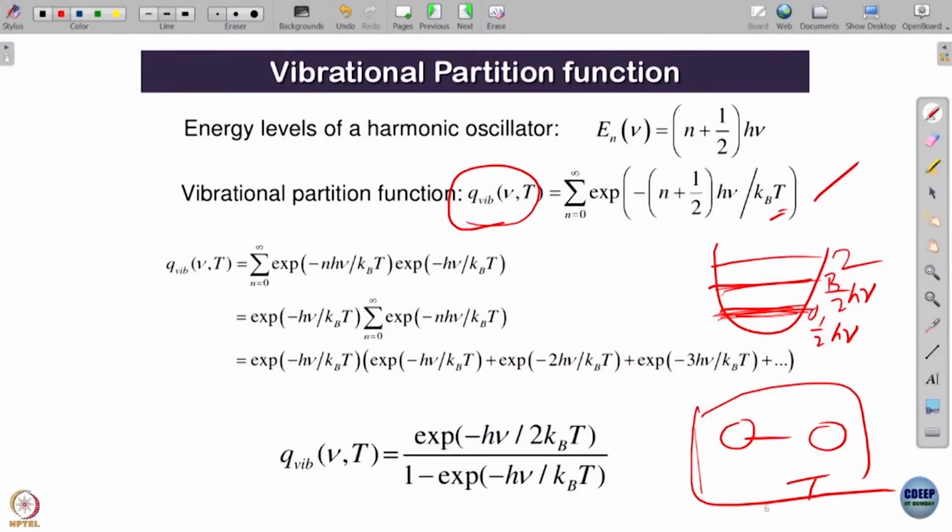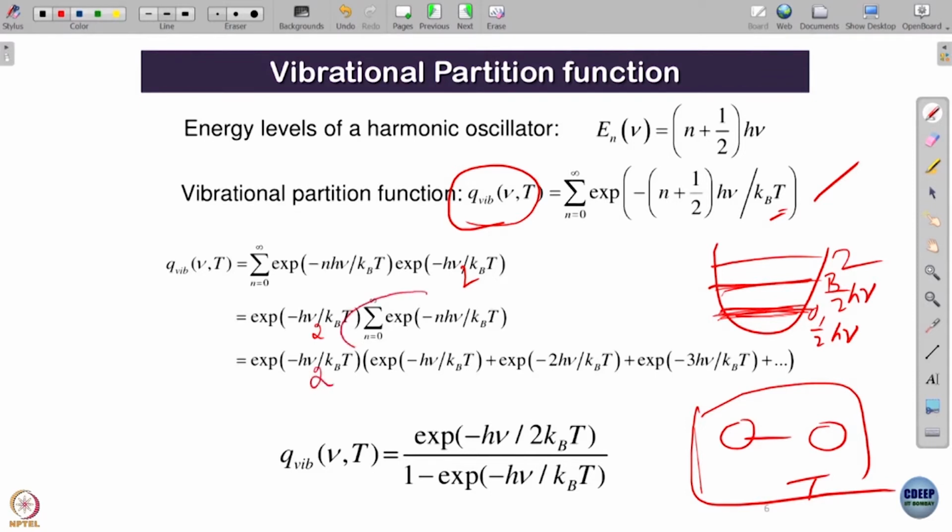So I am going to do that, h nu by 2 kBT. So Q vibration is e to the power minus h nu by 2 kBT. I have a 2 kBT missing here; this is correct in the book, but when it was transferred from there, this mistake was made. So now e to the power minus h nu by 2 kBT.